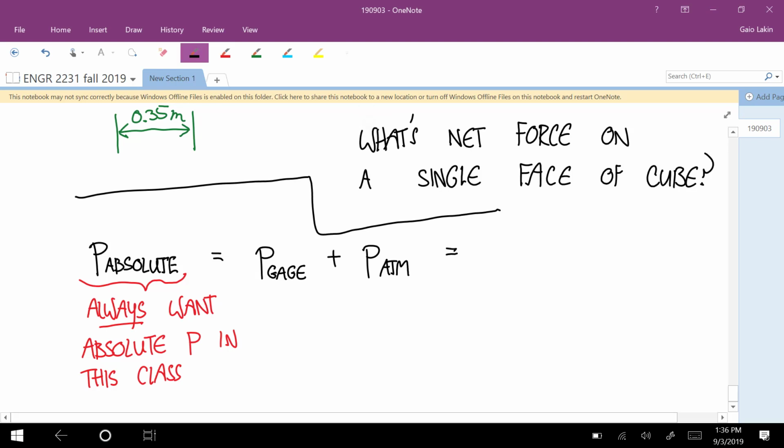And so the absolute pressure on the inside of the box is the gauge pressure, 689,000 pascals, plus the atmospheric pressure, which is 101,000 pascals. Look at those numbers, by the way.